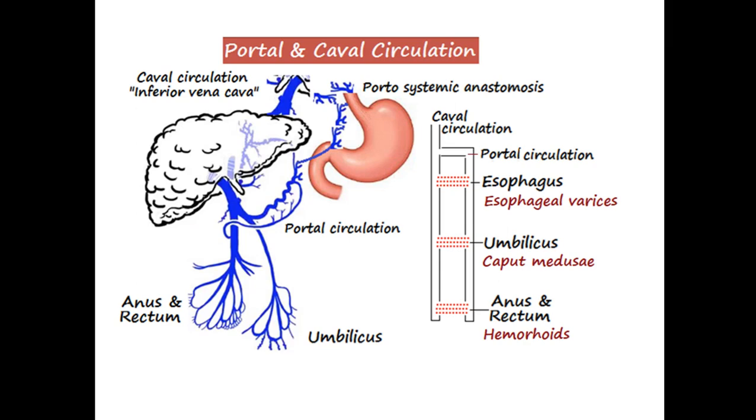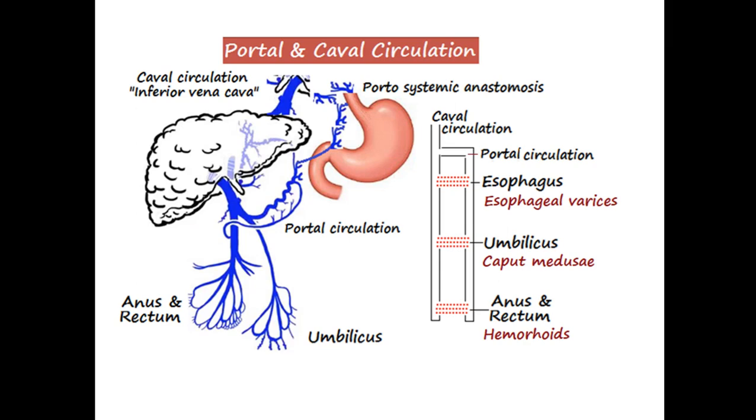But after birth, since the placenta is no longer needed, this umbilical vein undergoes atrophy and is closed and is known as the ligamentum teres, or round ligament of the liver.